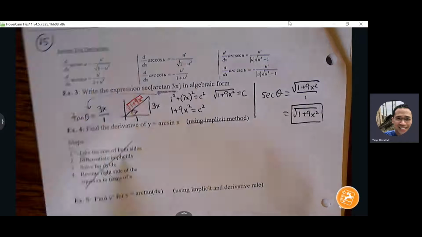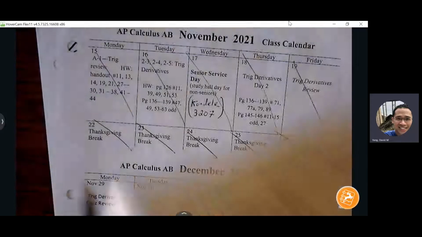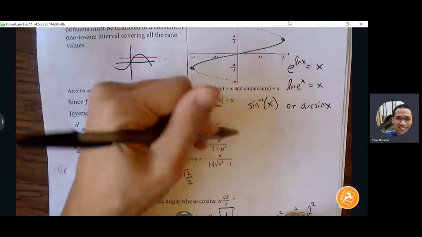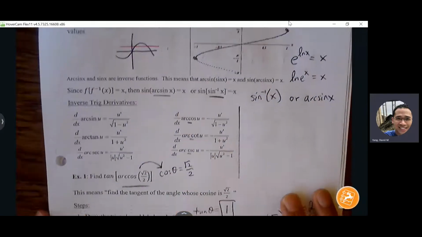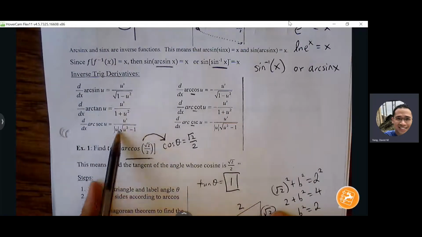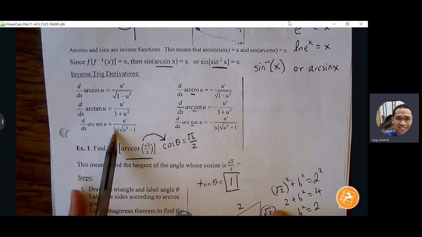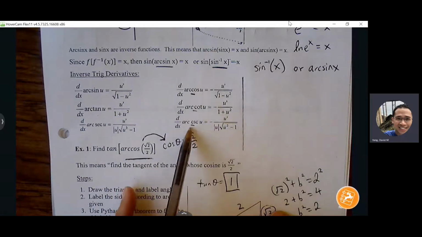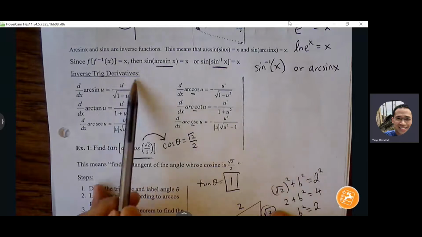You can turn back to the first page, and I want to revisit these derivative rules in further detail. If you look at arcsine, arctangent, arcsecant, these are the only 3 significant rules we have to memorize. Again, arccosine, arccotangent, arccosecant are just negative versions of the ones across.